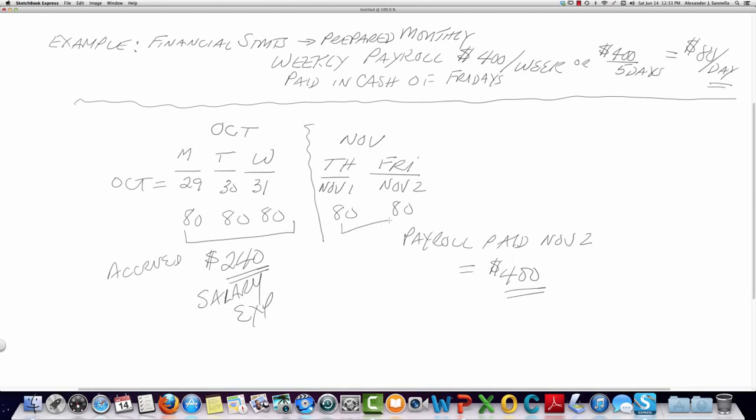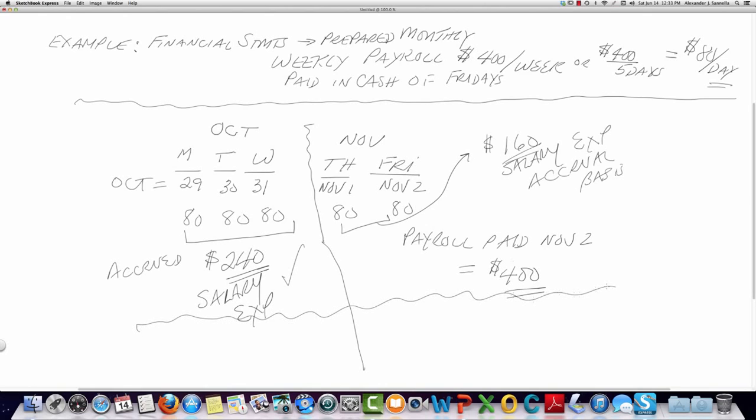In November, so far, salary expense is $160. And this is on the accrual basis. So if I'm preparing financial statements under the accrual basis, I have $240 of salary expense in October. In November, I have $160.